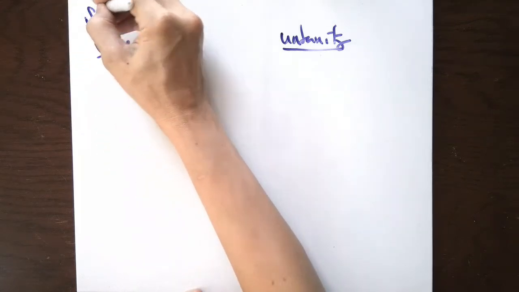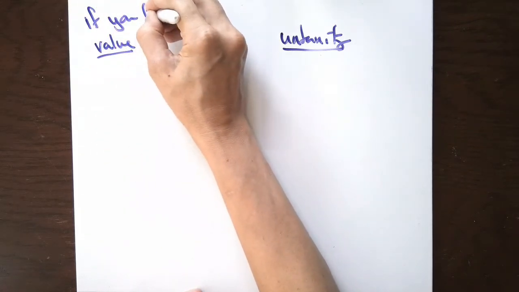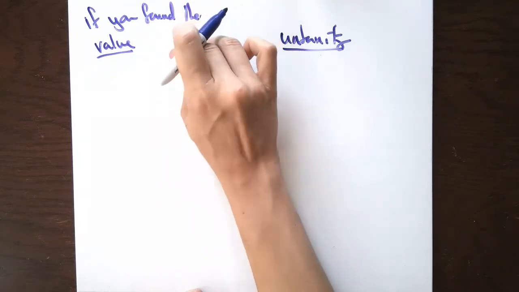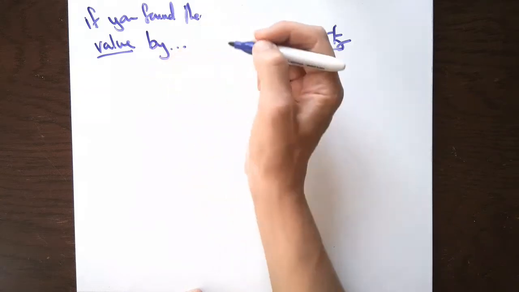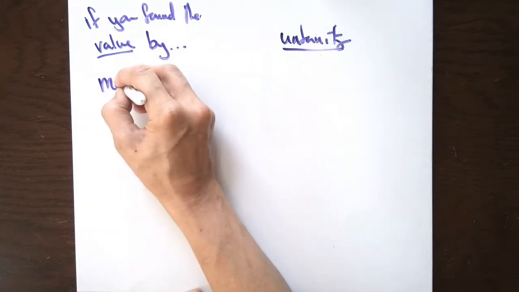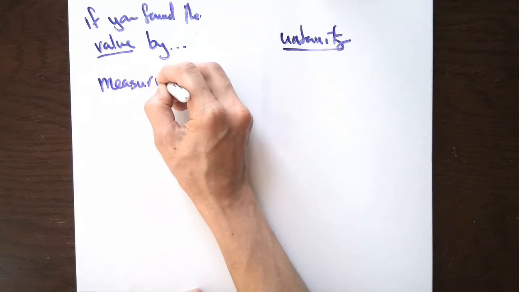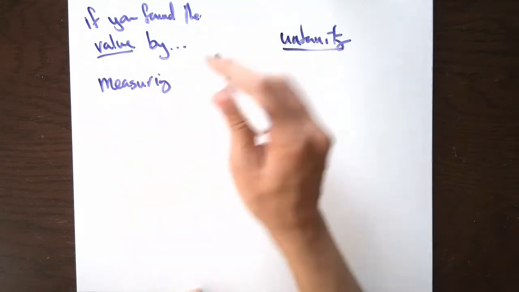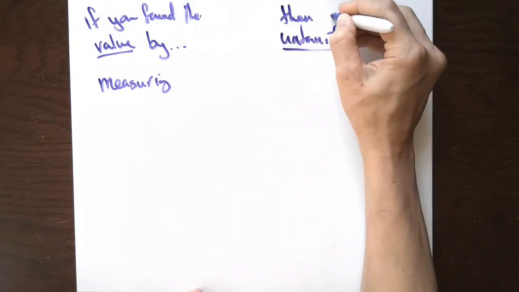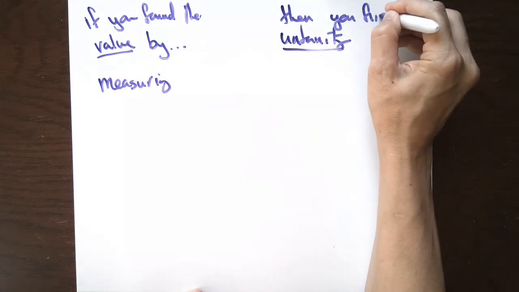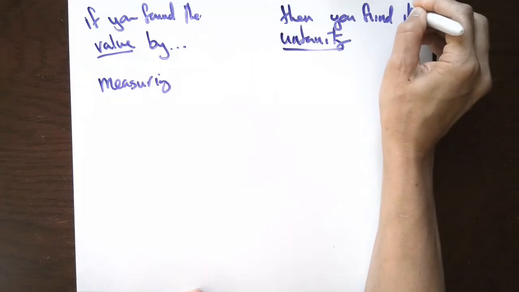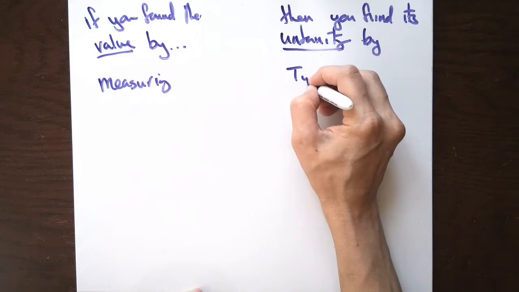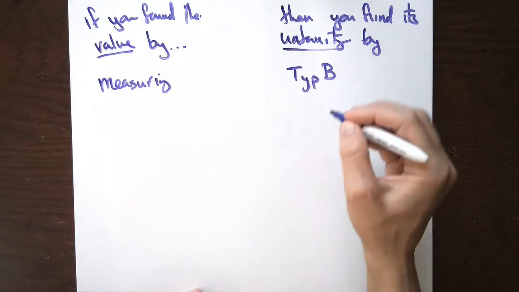So if you found the value by, say, measuring, so going directly and measuring a quantity, then you find its uncertainty by type B methods.